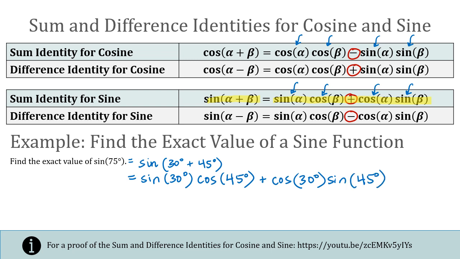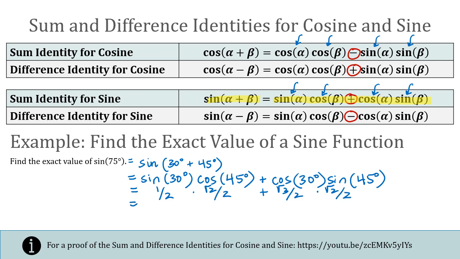Now, these are all angle measures that I do have memorized, so I don't need my calculator. The sine of 30 degrees is 1/2 times the cosine of 45 degrees, which is the square root of 2 over 2, plus the cosine of 30 degrees, which is the square root of 3 over 2, times the sine of 45 degrees, which is the square root of 2 over 2.